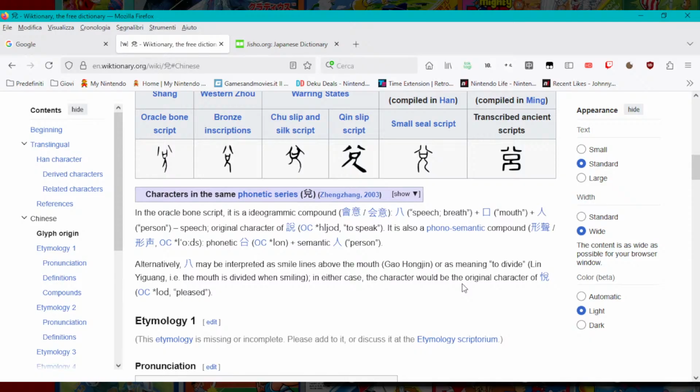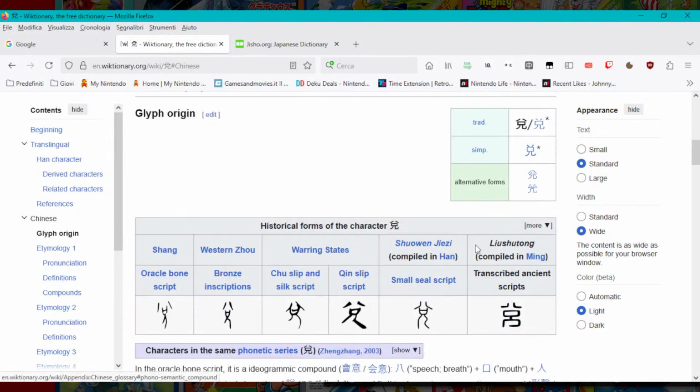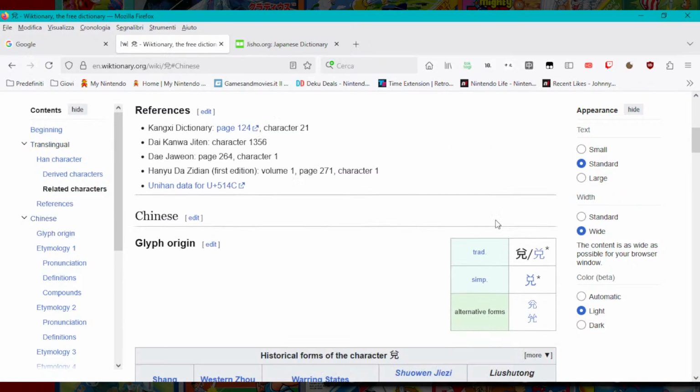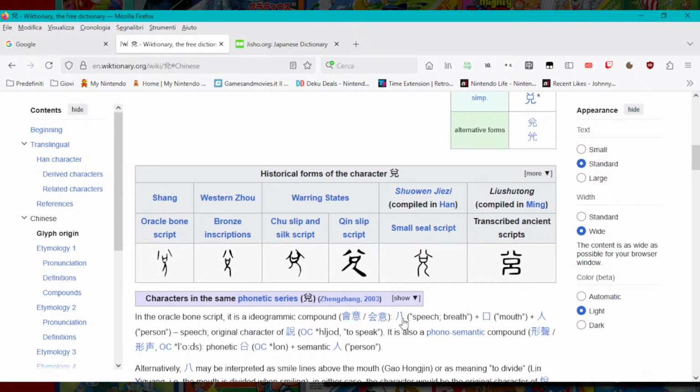In this case, the top part and then the one at the bottom, which is again person, or the other kind of kanji, the ideogrammic compound. We have the strokes at the top, which are the speech, breath part, then the mouth, and then person.